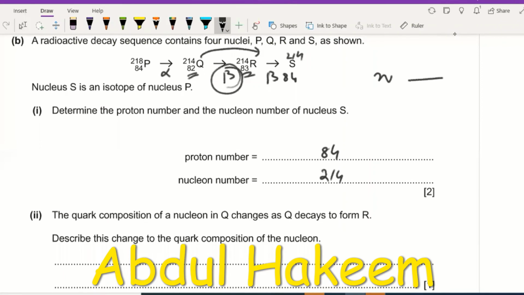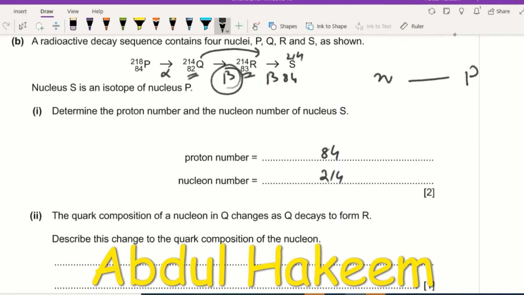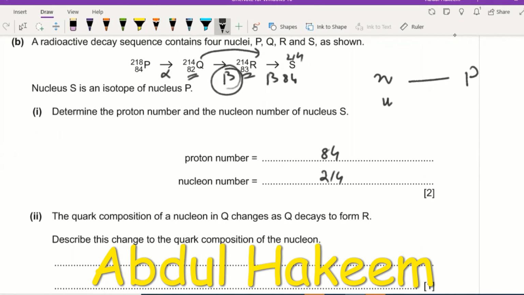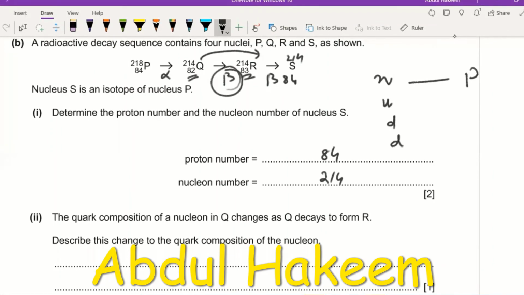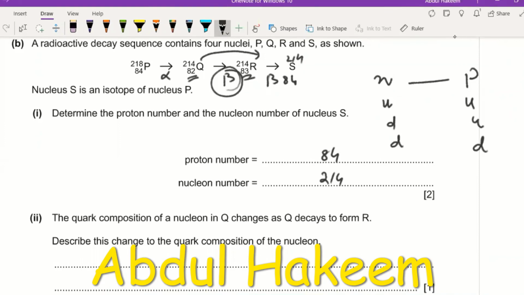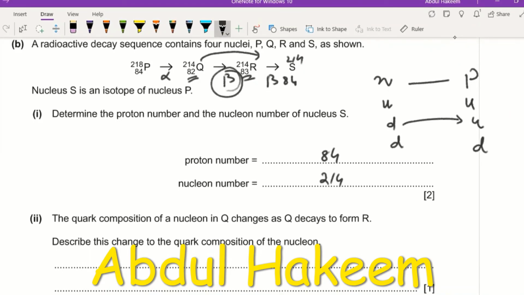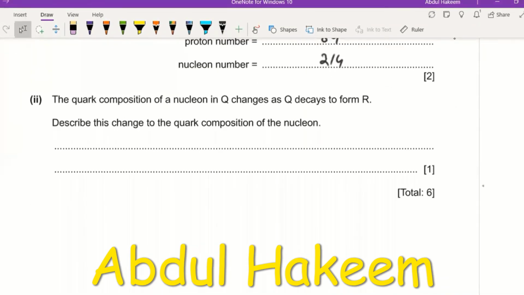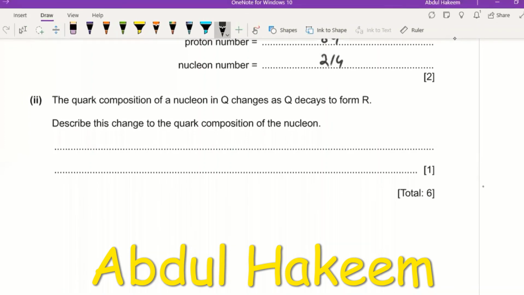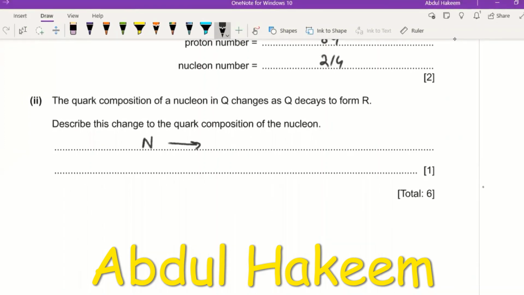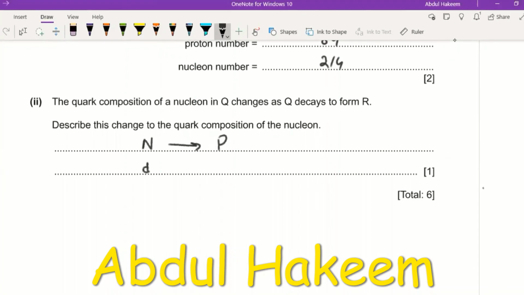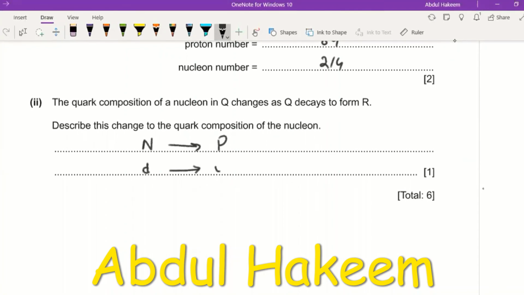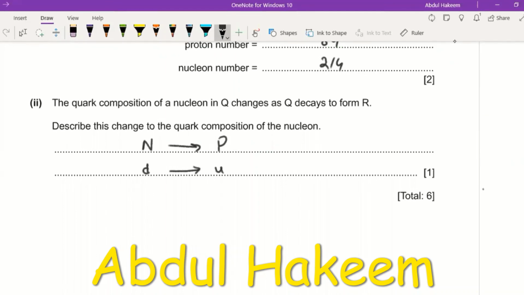One neutron is converted into a proton. The neutron combination in terms of quarks is up, down, down, and the proton is up, up, down. It means one down quark is converted into up. So here we have to write, due to the conversion of neutron into proton, one down quark is converted into up.